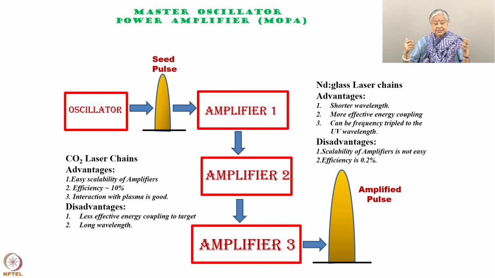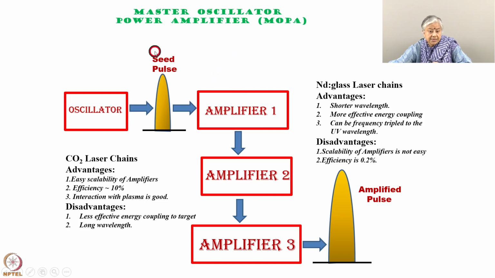Okay. So, the scalability is good because all you have to do is make a larger vessel, put in these 3 gases and pass the laser through and amplify it. Okay. So, it is quite easy to scale it up. Okay. So, that is why the CO2 laser was taken up for this process.